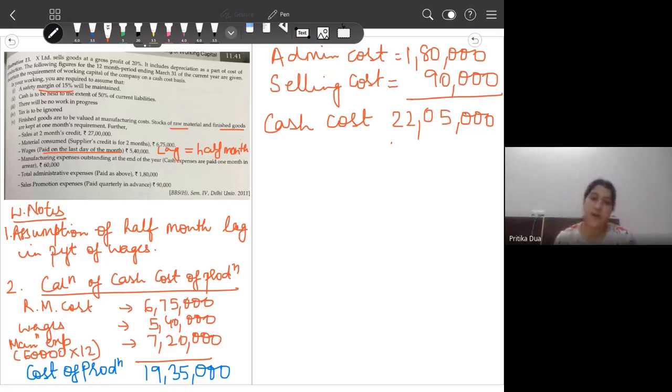Okay. Cash cost of production is 19 lakh 35,000. Cash cost of sales is 22 lakh 5,000.